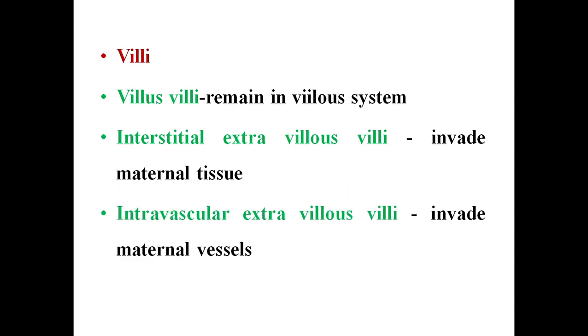There are three types of villi: villous villi, which remain in the villous system; interstitial extravillous villi, which invade maternal tissue; and intravascular extravillous villi, which invade the maternal vessels.